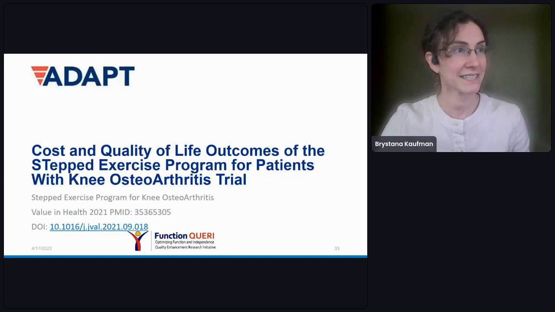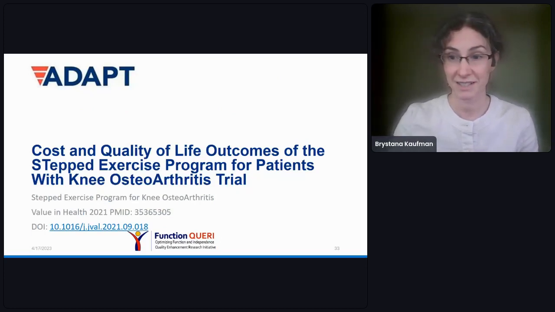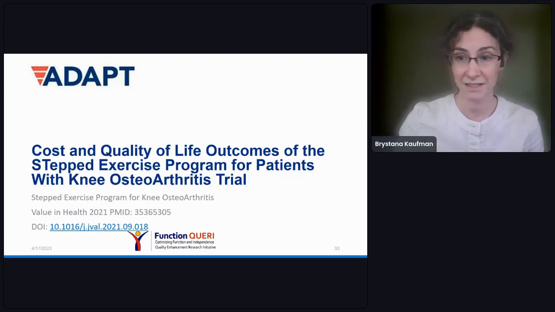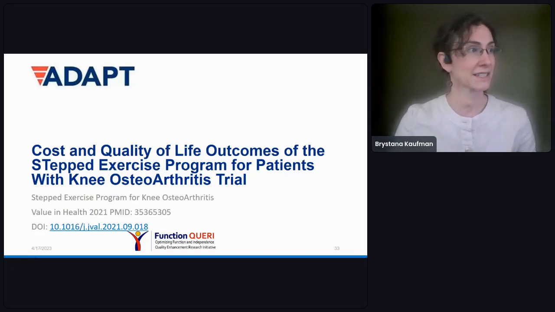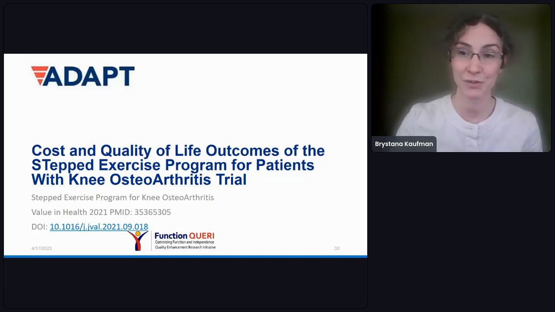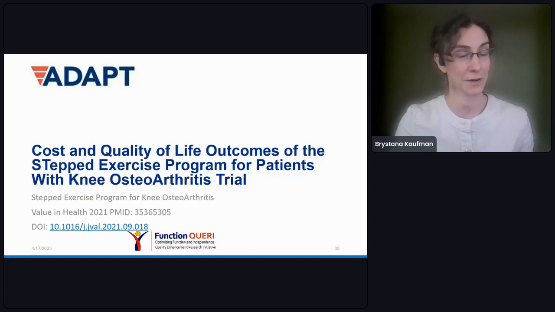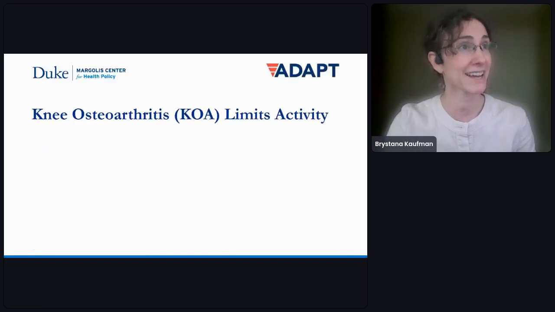So the next example that I'd like to give is in cost effectiveness analysis. And again, this is in the context of the VA and another Function Query project, the stepped exercise program for knee osteoarthritis. There was a randomized controlled trial evaluating this intervention we refer to as STEP KOA.